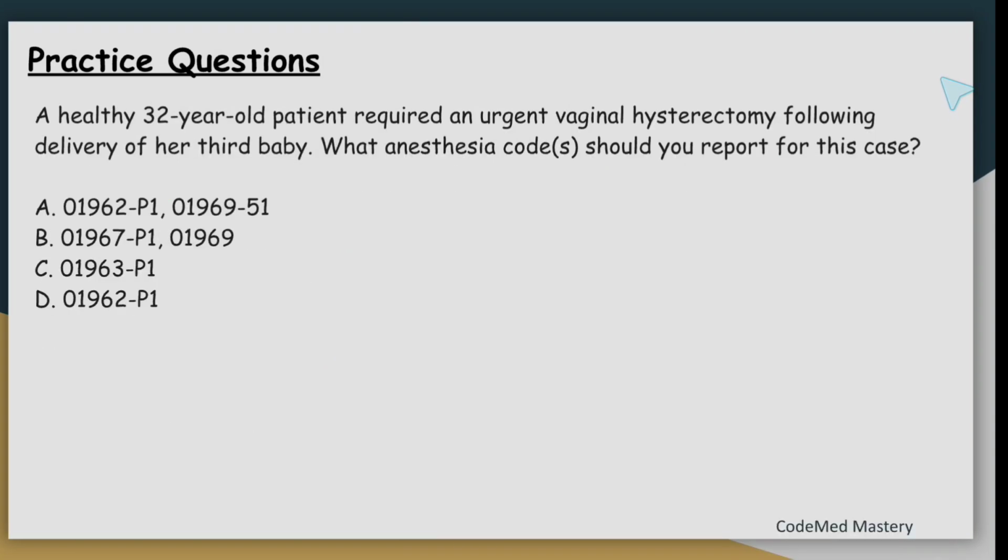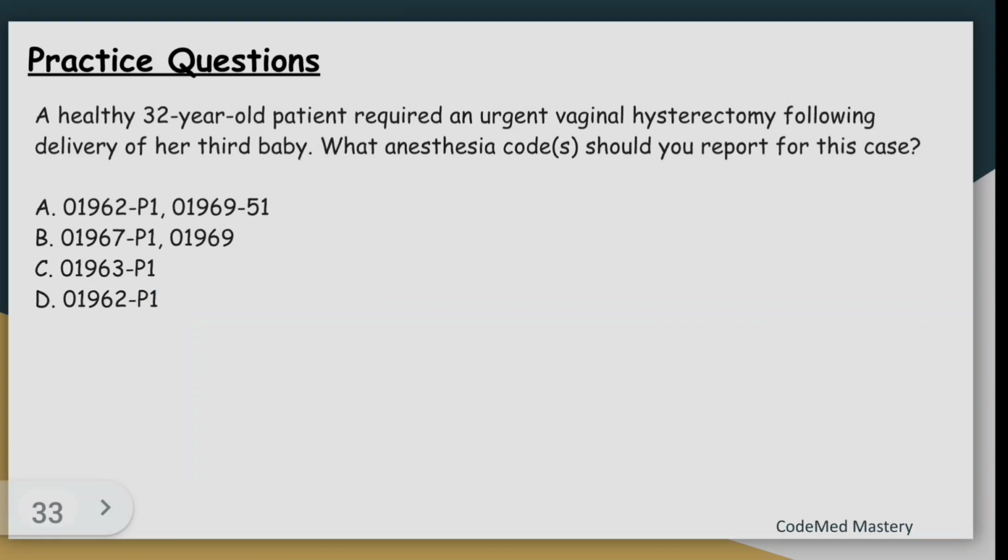Next question. Read the question. A healthy 32-year-old patient receives an urgent vaginal hysterectomy following delivery of her 3rd baby. What anesthesia codes should you report for this case? Let us check the first code from each option.